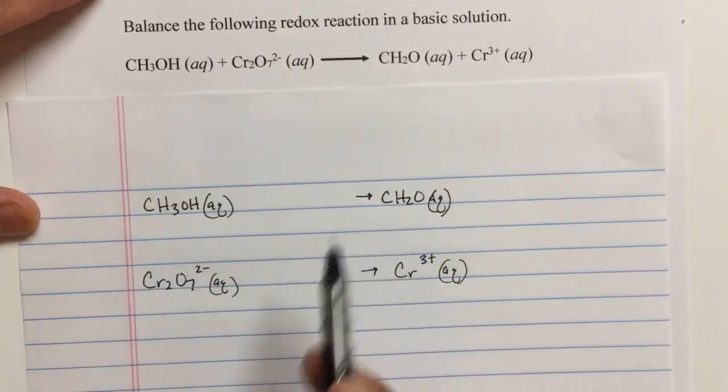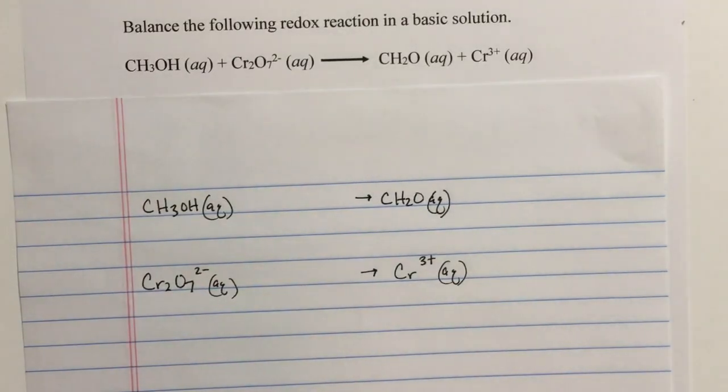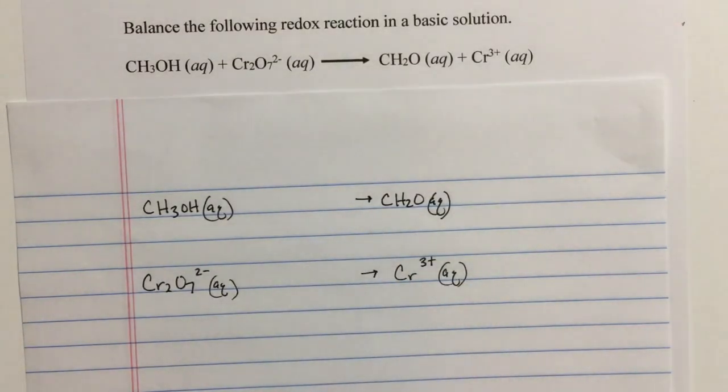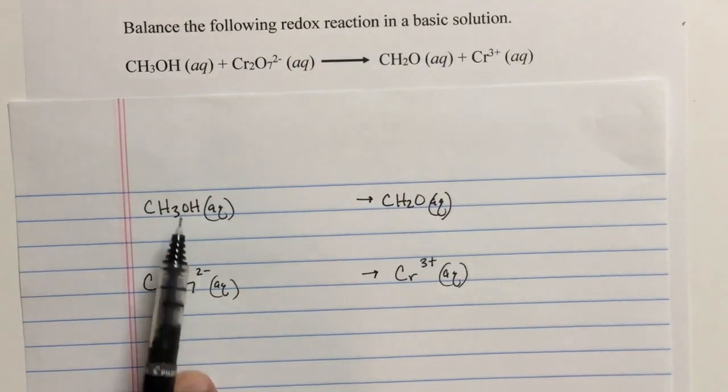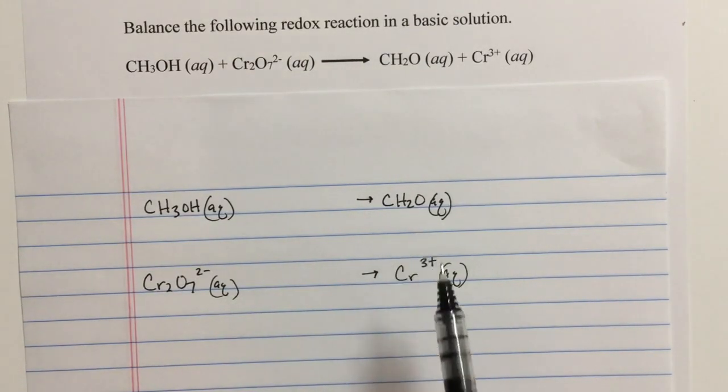On the first half reaction, let me balance the atoms other than oxygen and hydrogen. So one carbon and one carbon, so those are already balanced. Next, I'll balance the oxygen using water. There's one oxygen here, one oxygen here, and so those are already balanced.